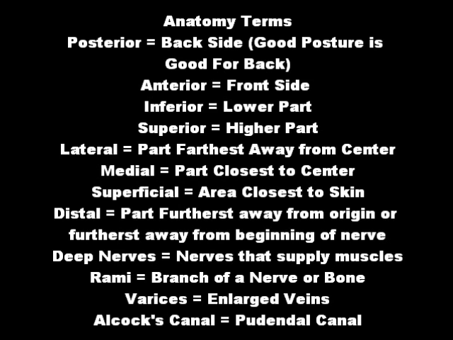Deep nerves, I was confused about this at first, thinking deep meant the deeper part, but actually deep nerves are nerves that supply muscles. Rami equals the branch of a nerve or bone.